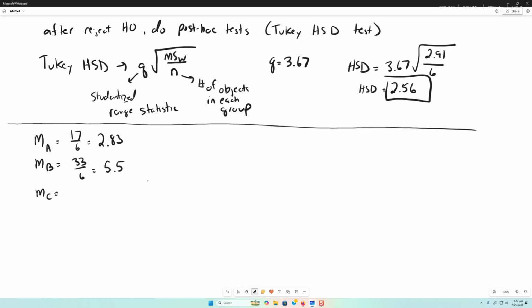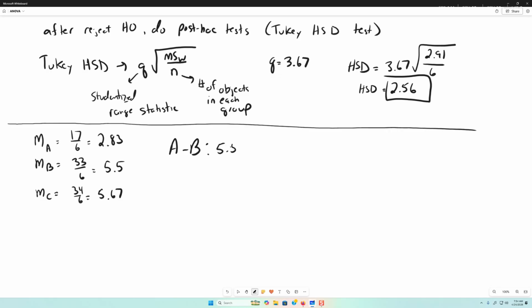We have to compare them. Now, the means must be separated by a minimum of 2.56 units for them to be considered significantly different at the 0.05 level. So let's compare them, A and B.